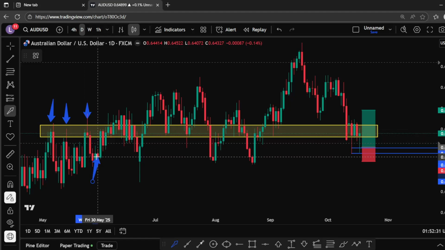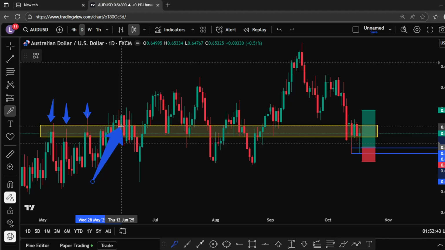All right. And then remember I said, if you've seen my previous video, I always say, because this is what happens all the time, when they break out to the opposite side, they break out with nice bullish engulfing candles like this one right here. Okay.